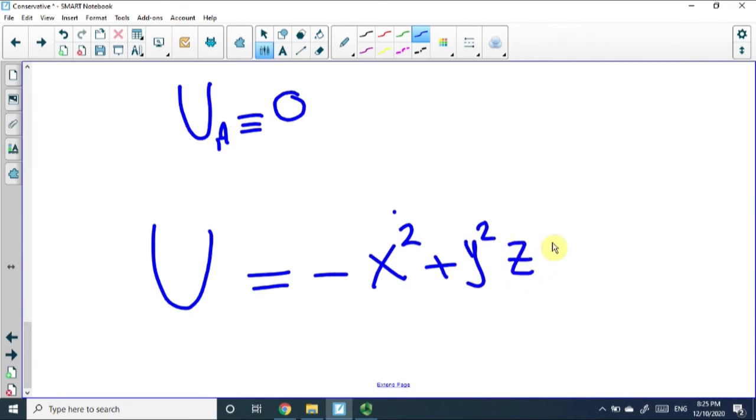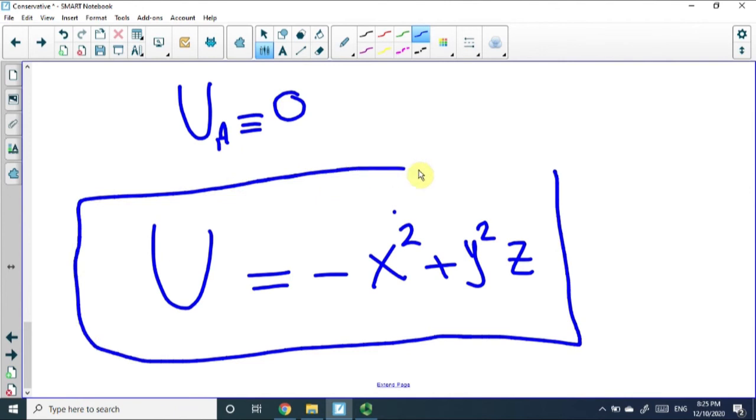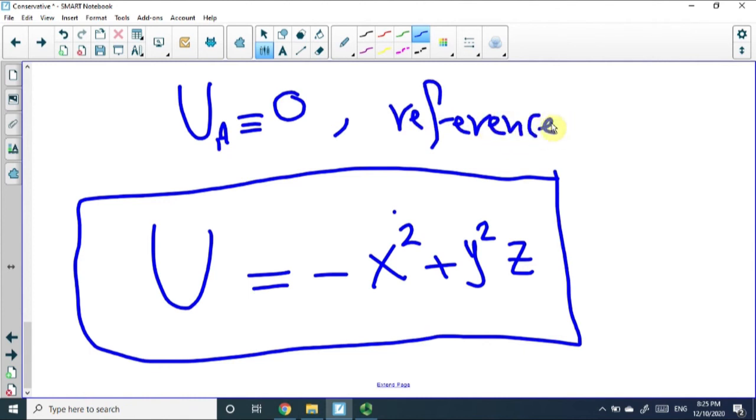So this is the potential energy at any location we are interested in. Notice that at the origin, the potential will be 0. That's what's called the reference point. So point A is a reference point where we measure potential energy relative to that reference point. So that's how we calculate the potential energy.